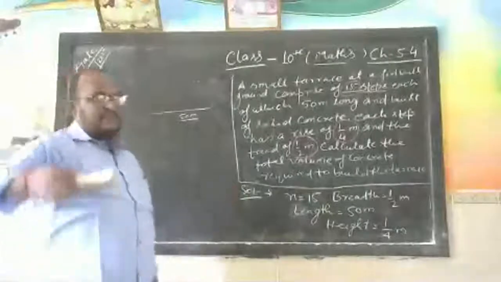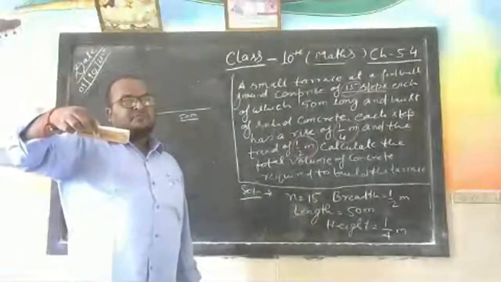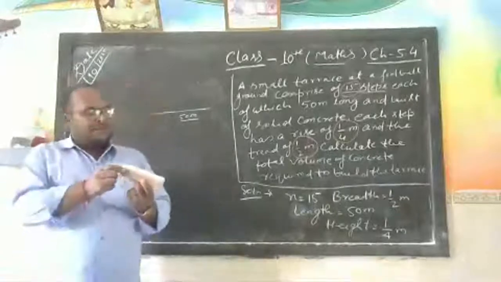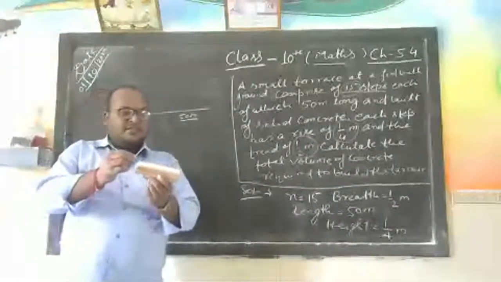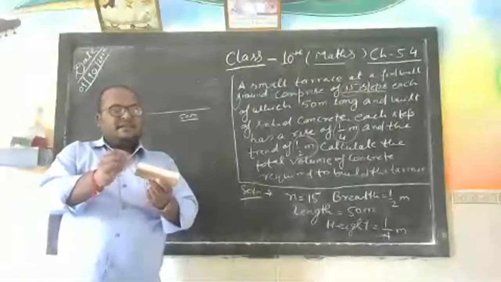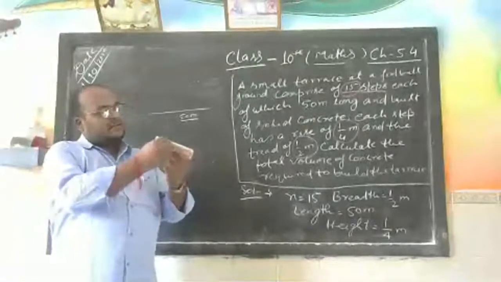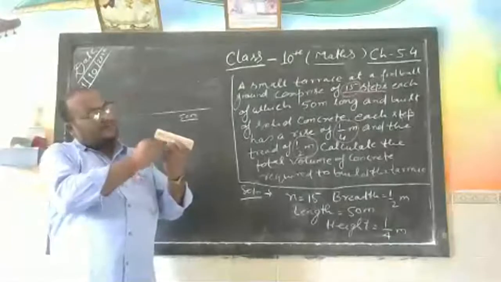Each step is in the shape of this. This is the breadth, 1 upon 2, and this part is the height, 1 upon 4.